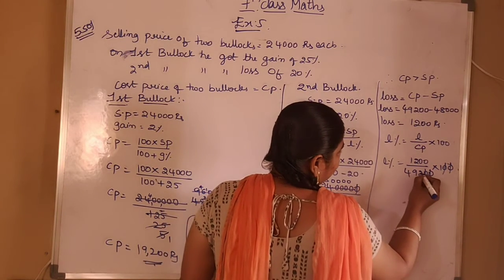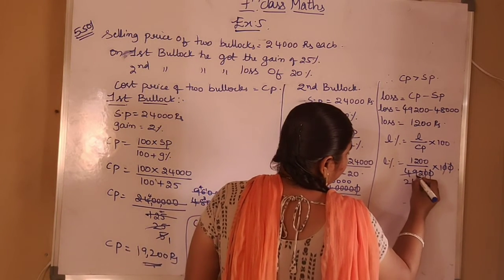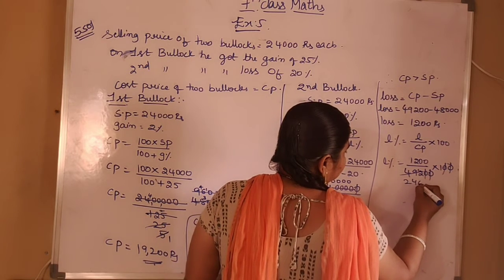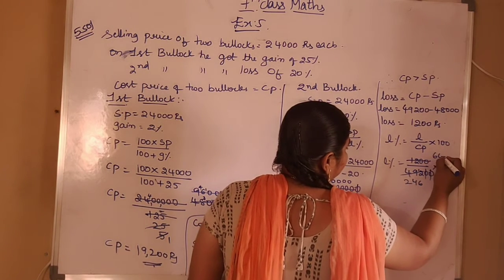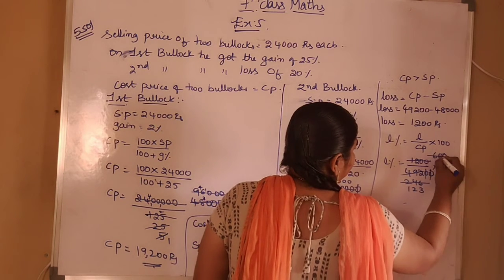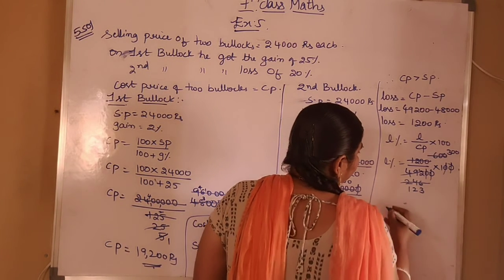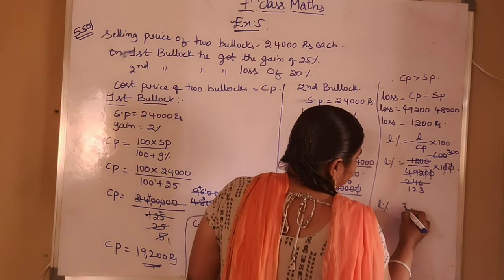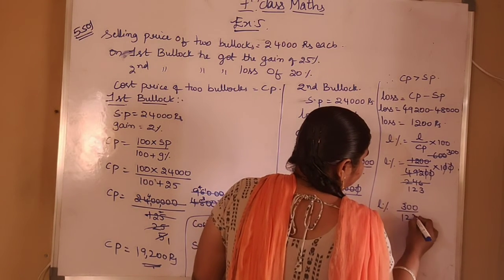So in the 2 table I am cancelling. 2 2s are 4, 2 4s are 8, 2 6s are 12, 2 600s are, 2 1s are, 2 2s are, 2 3s are, 2 300s are. So you got 300 by 123.